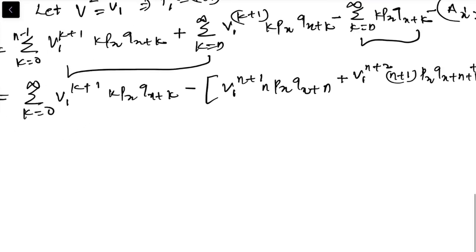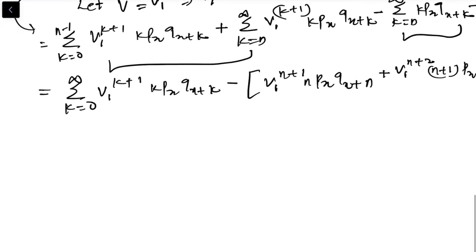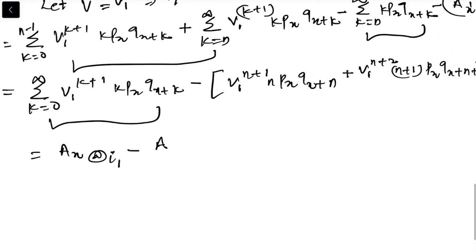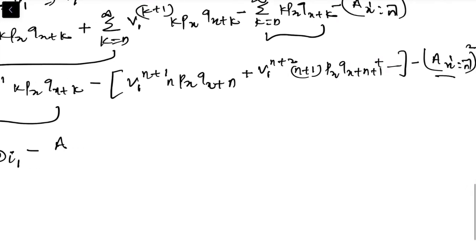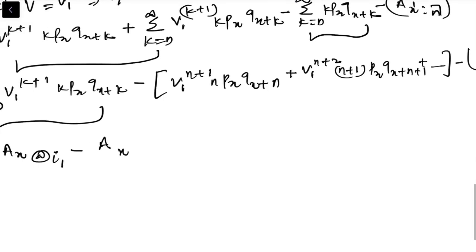Okay, now this is nothing but A_x operated at i' minus, we can write this term, (A^1_x:n) whole squared.